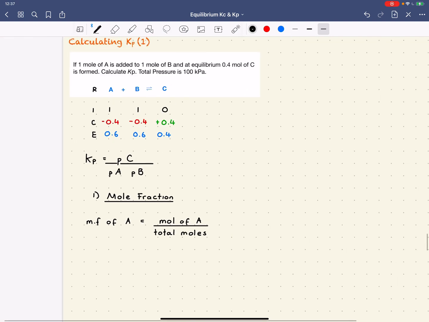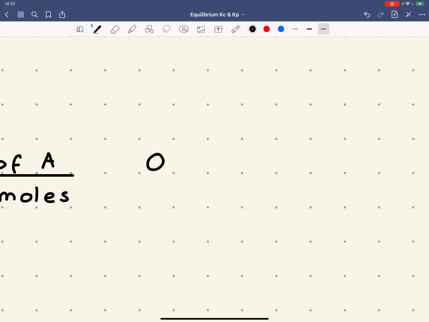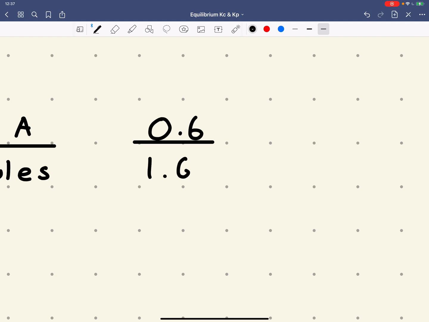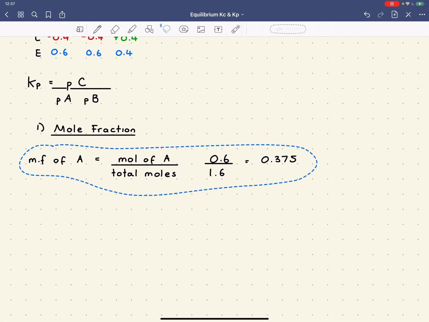So we can see the moles of A at equilibrium is 0.6, and the total moles at equilibrium is these added together. When you add them together, you get 1.6. And that gives me 0.375. And then we repeat the same procedure for each of my components in the equilibrium mixture.